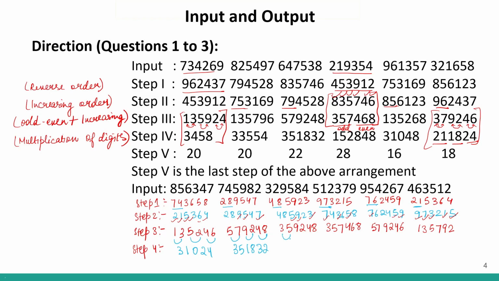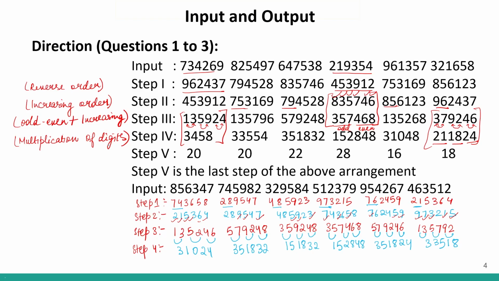Correct? 3 into 5, 15, 9 into 2, 18, 4 8s 32. 3 into 5, 15, 7 4s are 28 and 6 8s is 48. 5 into 7, 35, 9 into 2, 18 and 4 into 6 will give me 24. Correct? 1 into 3 will give me 3, 5 into 7 will give me 35 and 9 into 2 will give me 18. So this will be my step 4.